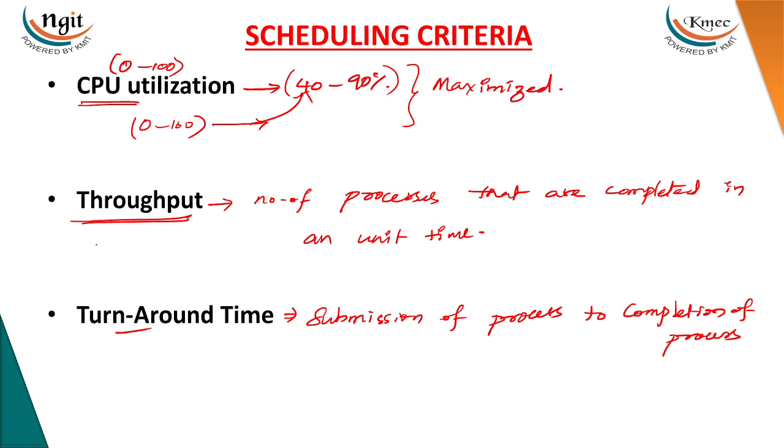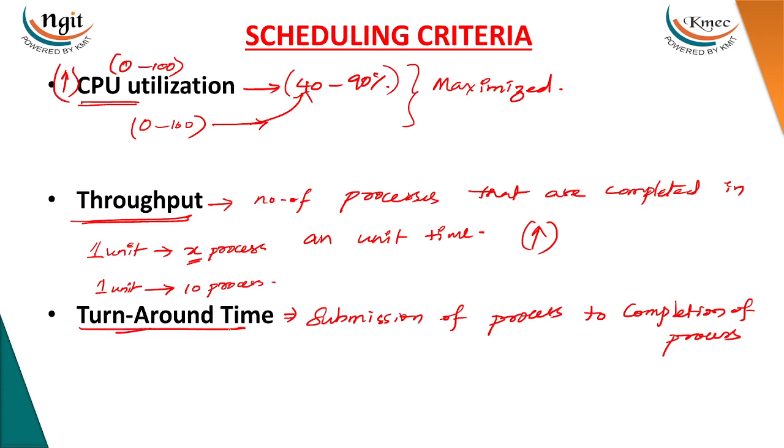Suppose in 1 unit of time you have executed X processes, then your throughput will be X. If in 1 millisecond or 10 milliseconds you have executed 10 processes, then your throughput equals 10. This throughput has to be high. You need to maximize the throughput as well as the CPU utilization.